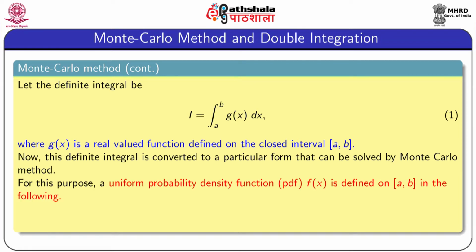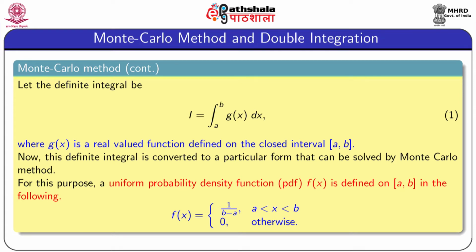For this purpose a uniform probability density function, in short PDF, f(x) is defined on the closed interval in the following form: f(x) equal to 1 by (b minus a), where x lies between a and b, and 0 otherwise. This PDF is also known as the rectangular probability density function or uniform probability density function. Note that 1 equals (b minus a) times f(x) when x lies between a and b.